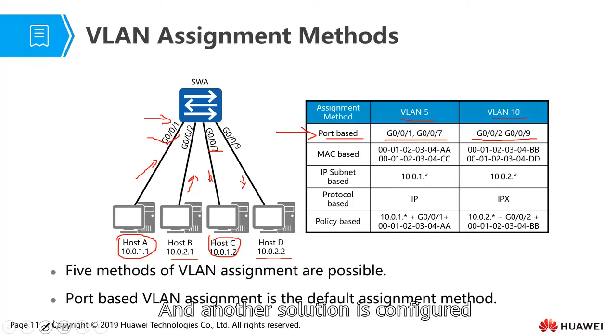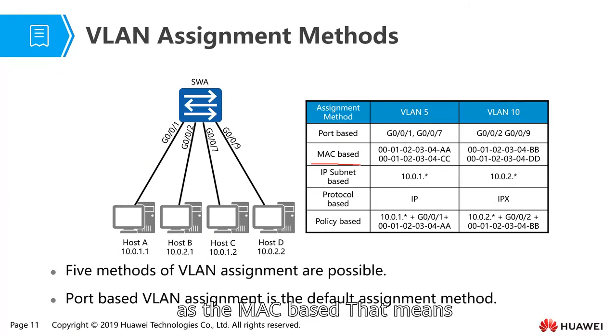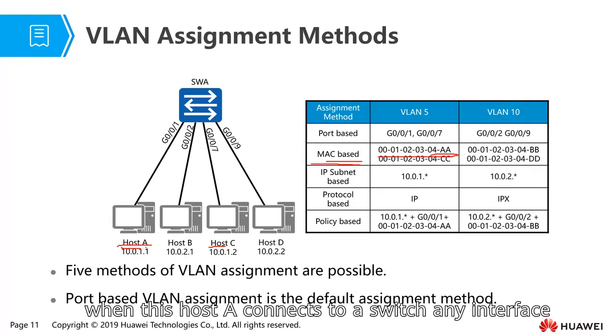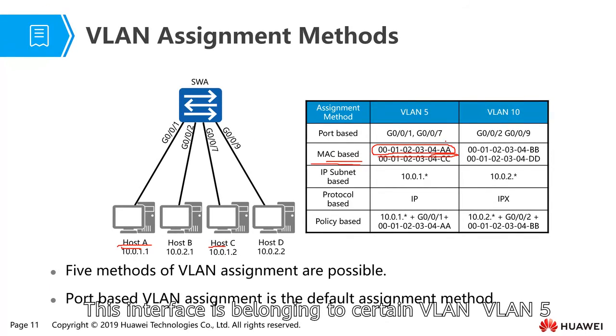And another solution is the MAC-based method. MAC-based means host A and host C. For example, host A has this address. When host A connects to any interface of the switch, if the switch receives an Ethernet frame with this source MAC address, then this interface belongs to a certain VLAN, VLAN 5.